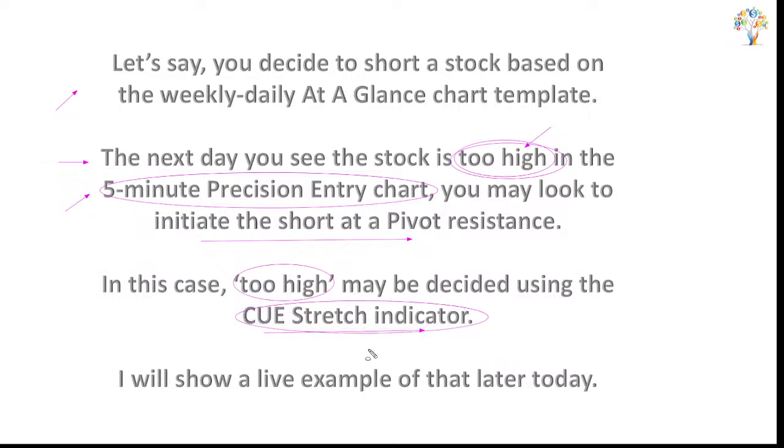This is an example of precision entry of a swing trade. The same technique can be used for day trading also. I don't day trade usually. I will show a live example of how I use that for precision entering a swing trade.